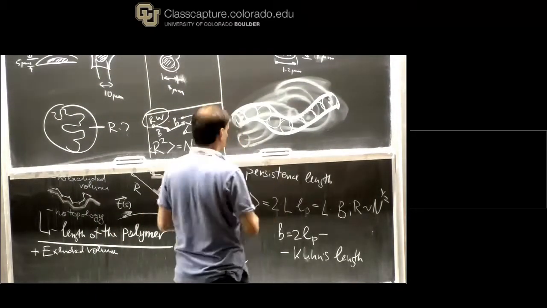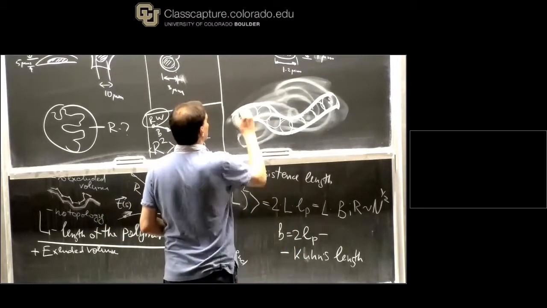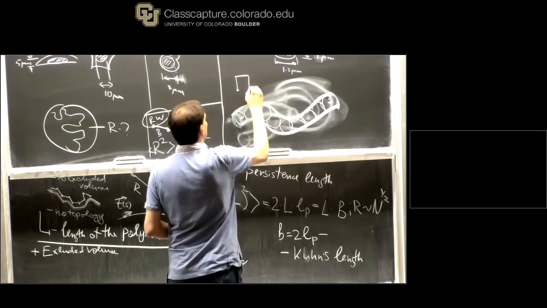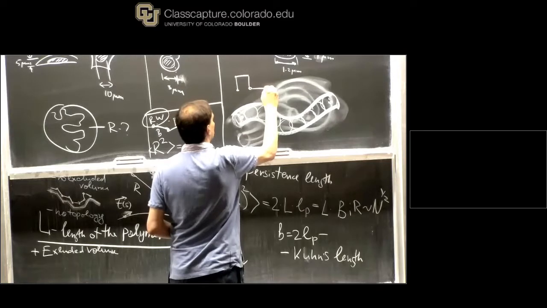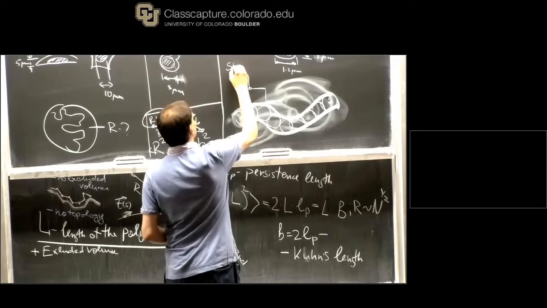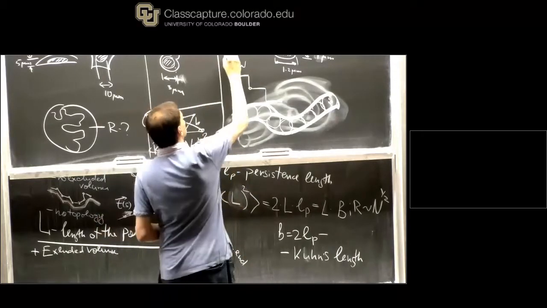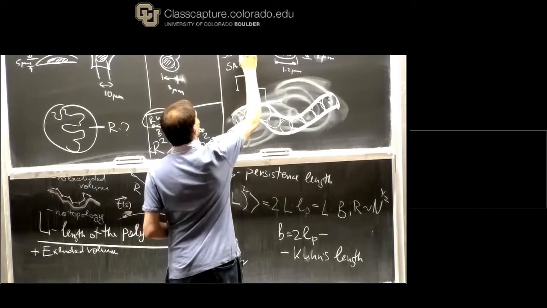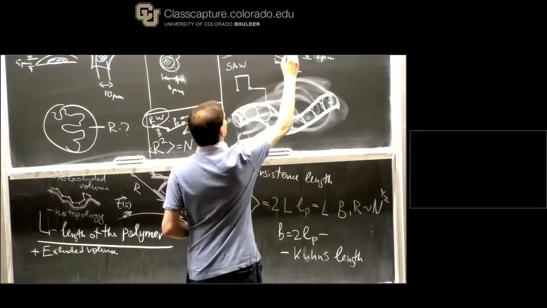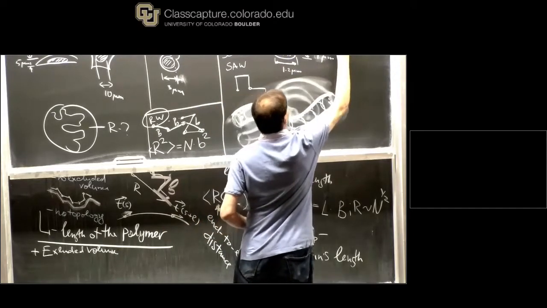A good model for this polymer would be a chain on a lattice that cannot cross itself. So that would be a self-avoiding random walk.